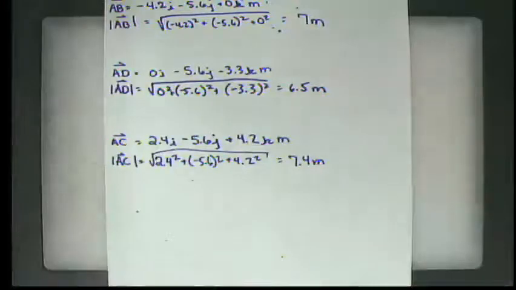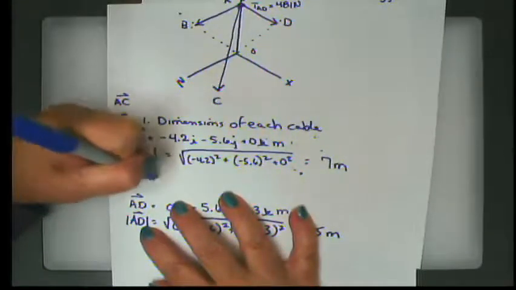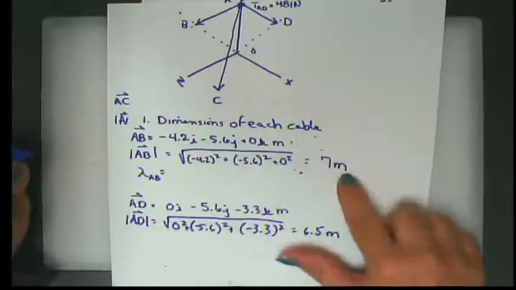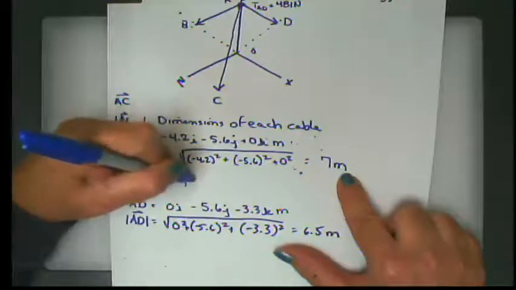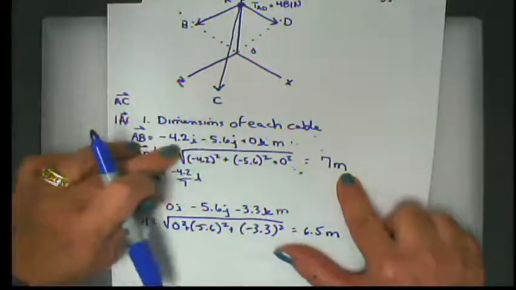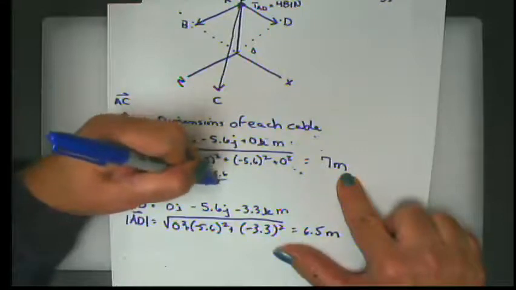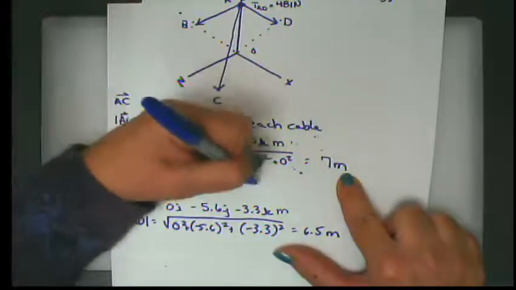All right. So now the next step, I want to find that unit vector in each direction. So in other words, lambda AB. And it amounts to being the x component over the length in the x direction. And since everything's in meters, I don't have to use units. And then negative 5.6 over 7j plus 0 over 7, which is just 0k.